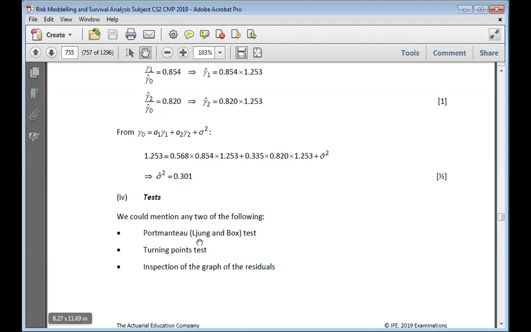They have asked you for 2. So if you mention any of these 2, it would give you equal points, irrespective of how complex the procedure is. So the turning points test, you can inspect the graph of the residuals, or you can use the portmanteau or ARCH box test. So anything out of these 3 would suffice.